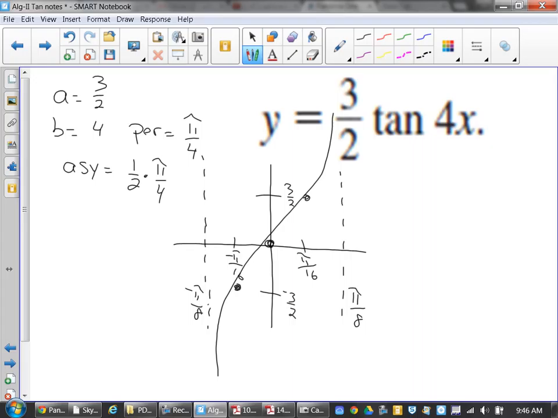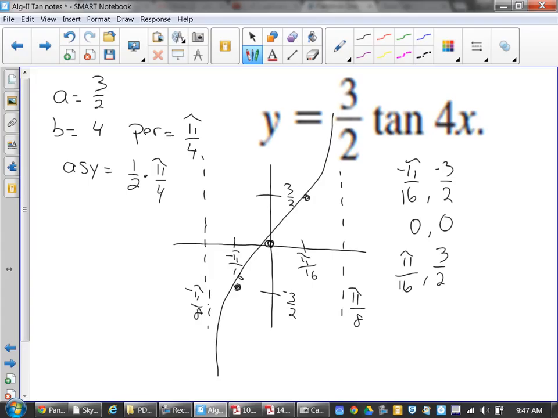So you're at negative pi over 16, and negative 3 halves, 0, 0, pi over 16, and 3 halves. Asymptotes are vertical. When you have vertical asymptotes, are they x equals a number or y equals a number? X equals a number.